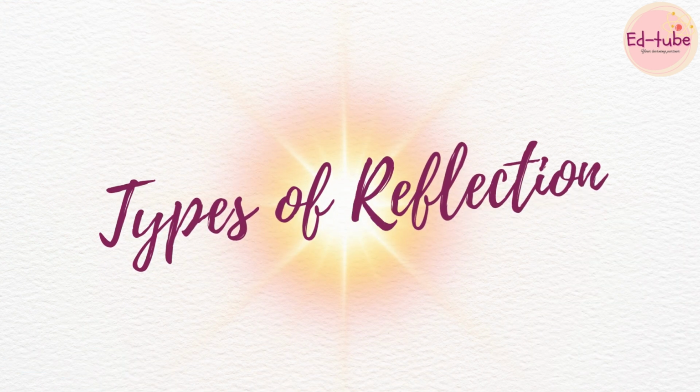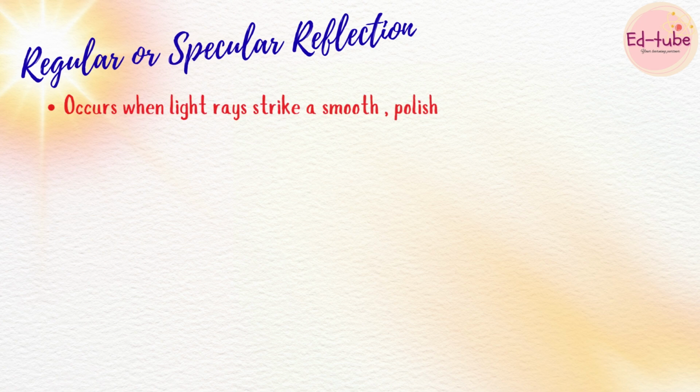Now that we have discussed the basics of reflection, let's dive deeper into the types of reflection. This will help you in understanding how light interacts with different surfaces. The first type is regular reflection. It's also called as specular reflection. Regular reflection occurs when light hits a smooth surface, such as a mirror or a polished metal.